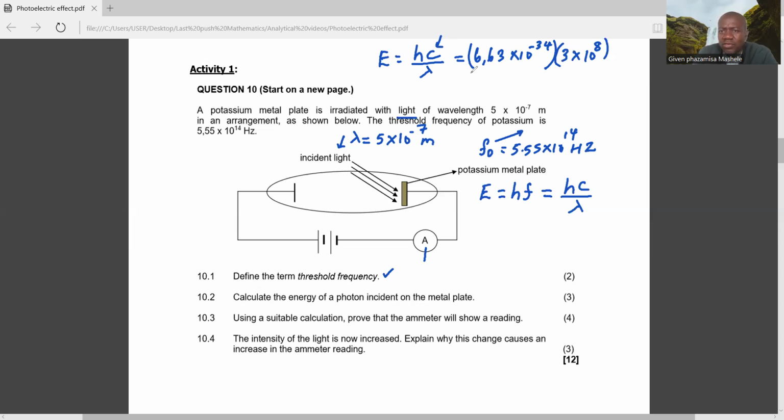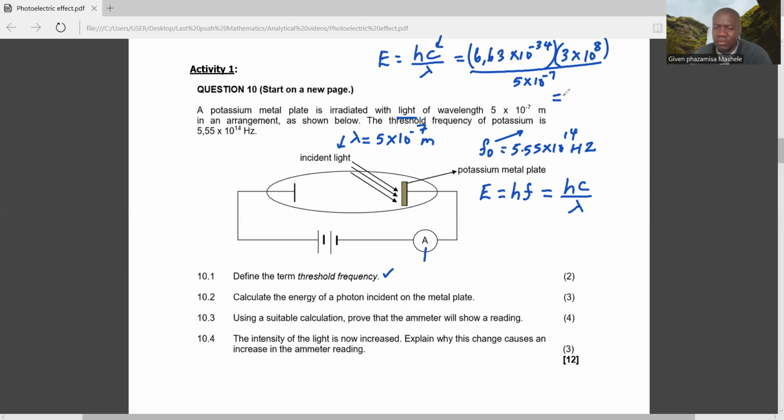Then we divide this by the wavelength, which is 5 multiplied by 10 to the power minus 7. So this will be 6.63 times 10 to the power negative 34, multiplied by 3 times 10 to the power of 8, divided by 5 times 10 to the power negative 7.